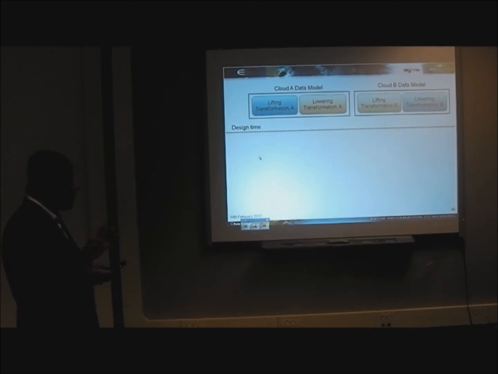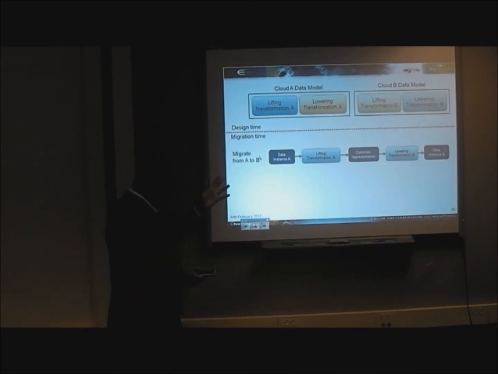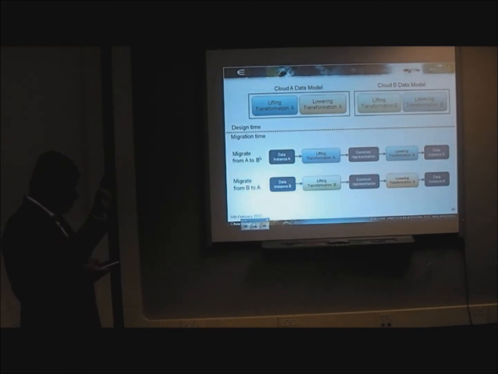And when it comes to migration time, let's say you want to go from A to B, you dynamically arrange the correct transformations, and you could go from A to B or B to A, because at the time you generated your program, the compilers could generate the lifting and lowering transformations as well. The compiler knows how it adapted the common model to the platform-specific one, so it could generate the lifting and lowering transformations.